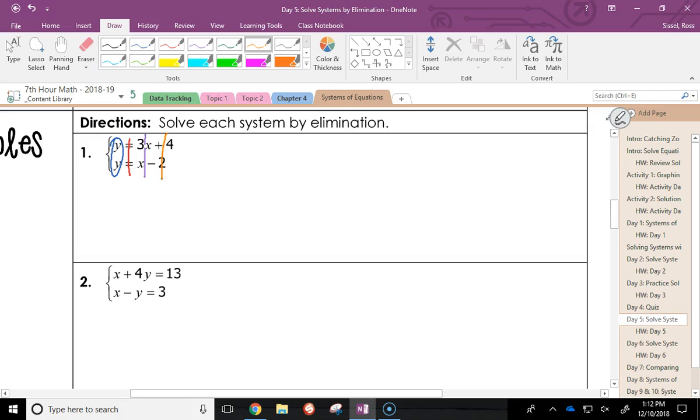They can be in any order, but I have to have my y's above each other, then my equal signs, and my x's, and my constants. They have to be lined up. I cannot write this equation. I do not want to say 2y plus 4x equals 7.